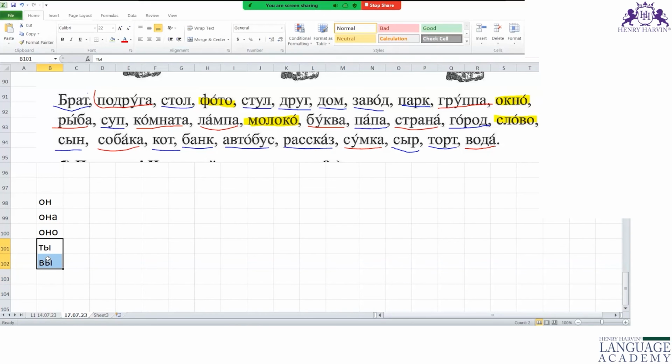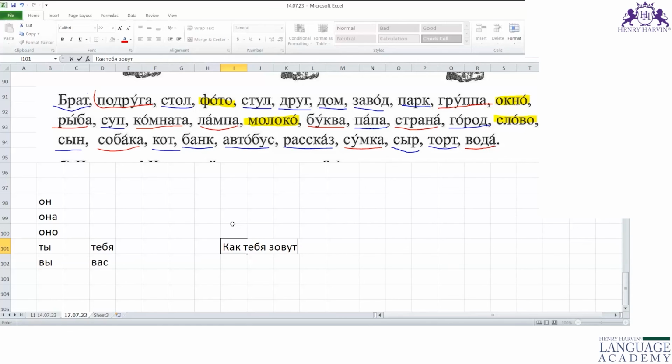Ты, вы, you, right? So when we ask in Russian, what is your name, we change ты to тебя and we change вы to вас. The phrase is literally translated, what are you called? So we change the pronoun ты to тебя: как тебя зовут.